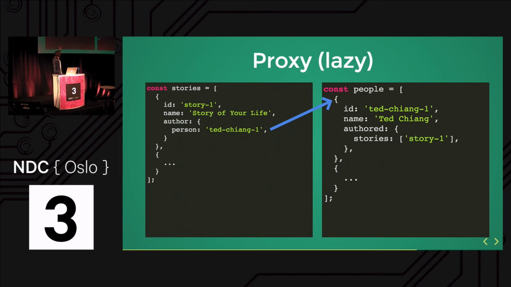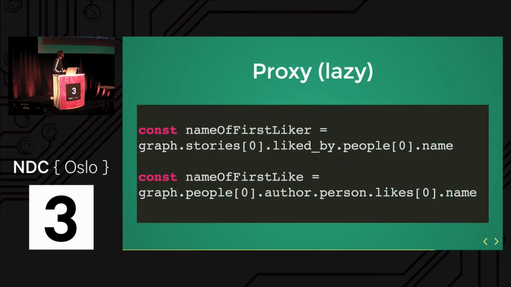So whenever you try to access this property, it just jumps to the object in the people collection. And when you try to access stories from there, it just jumps back. So you could access this infinitely deep. It seems like this is an infinitely recursive big object, but you're just jumping. And that means that you can access things infinitely deep without actually creating infinitely big objects.